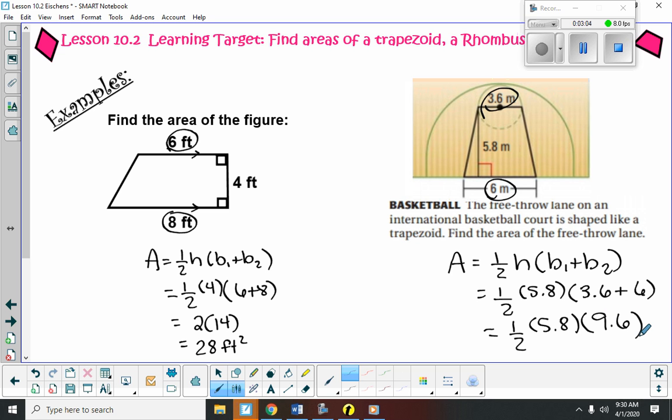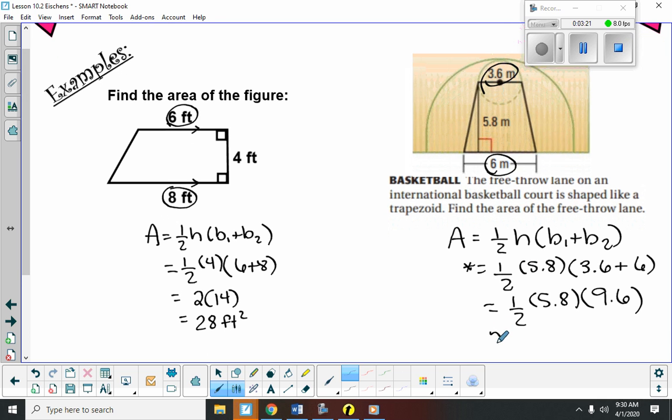So you can just go ahead and multiply these three together, or just type it in the way you see it, parentheses and all. And your answer should be 27.8 approximately. And that would be meters squared because it's area.